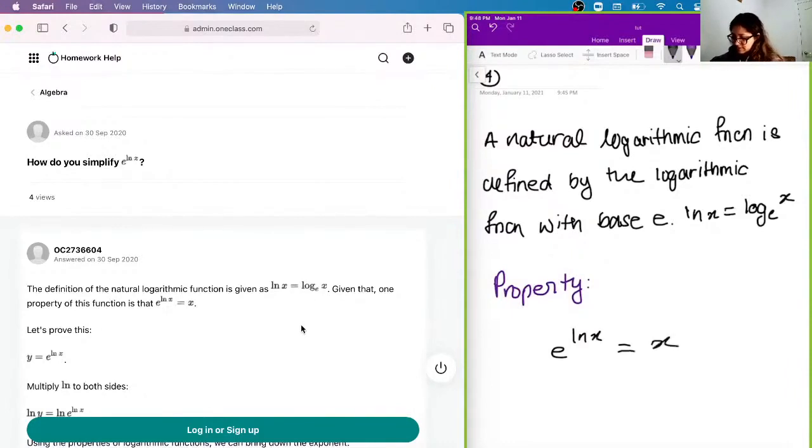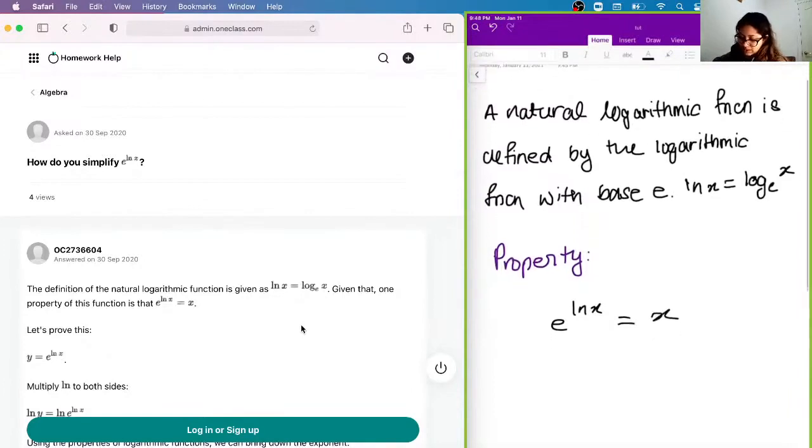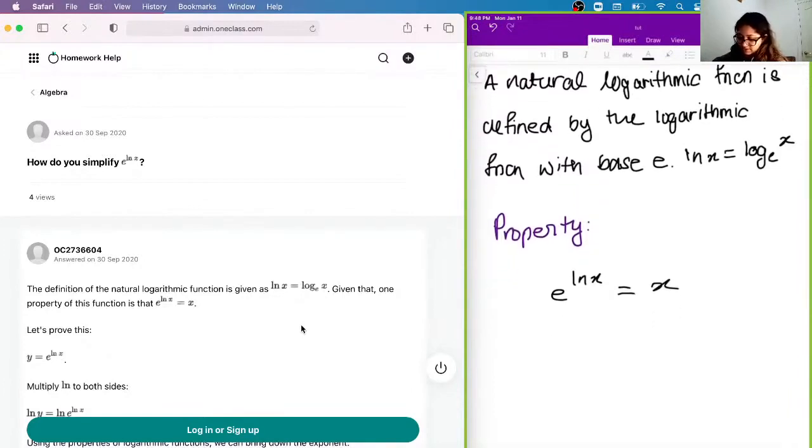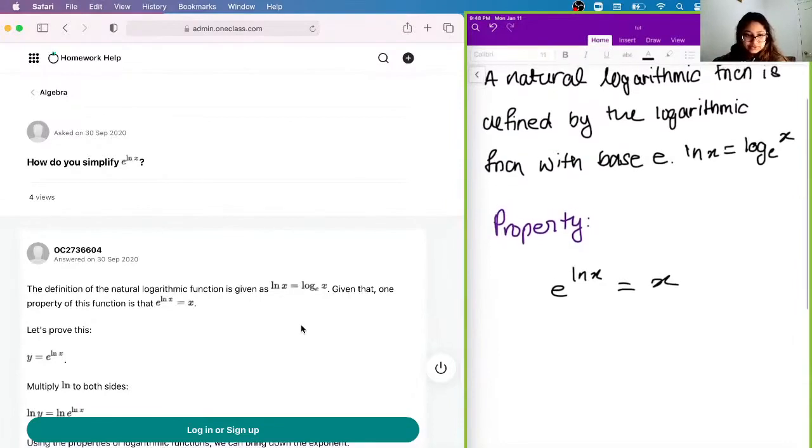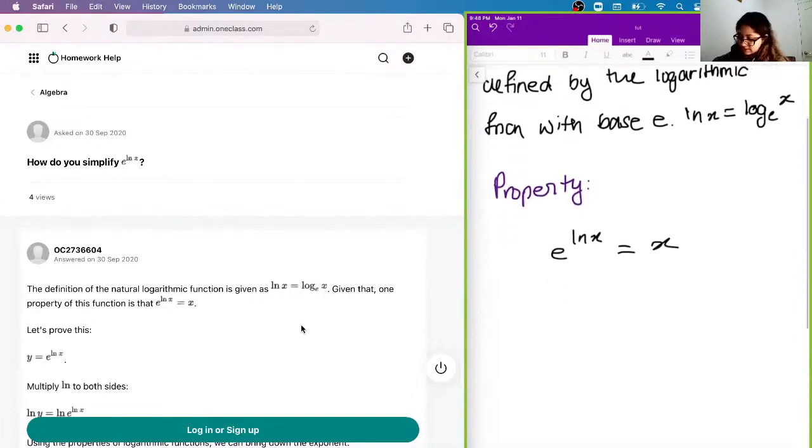Okay, this is because your e and your ln function are basically inverses, or basically the opposite. So when you have them together, it would basically cancel out. And so to prove this, since we need to simplify e to the power of ln of x, let's show this in steps.